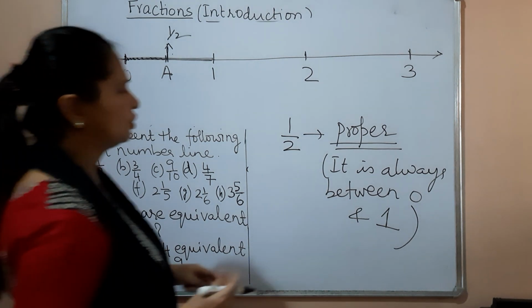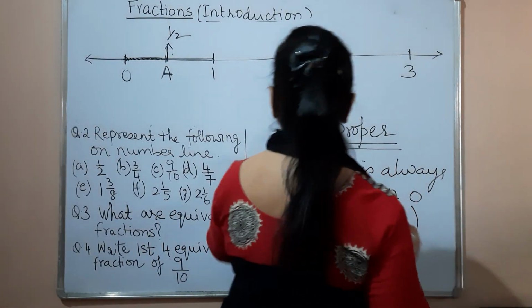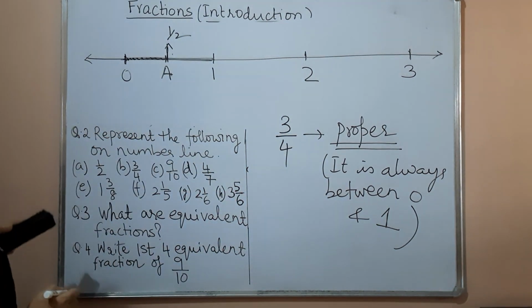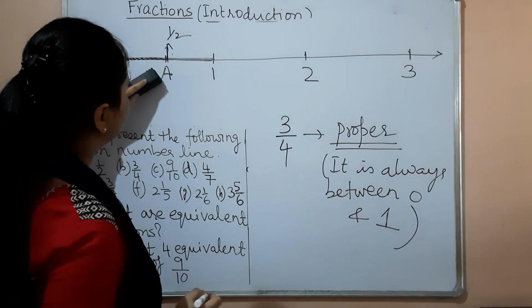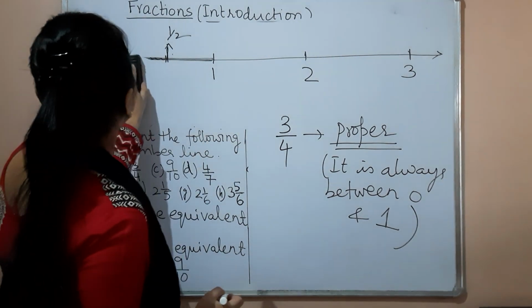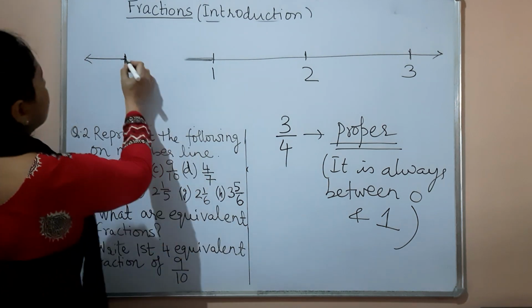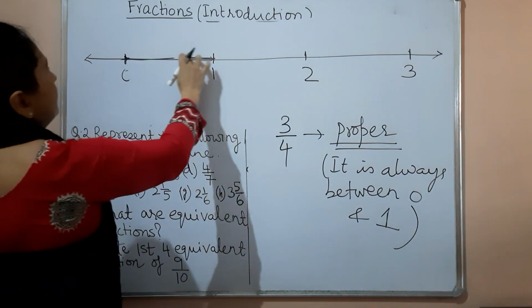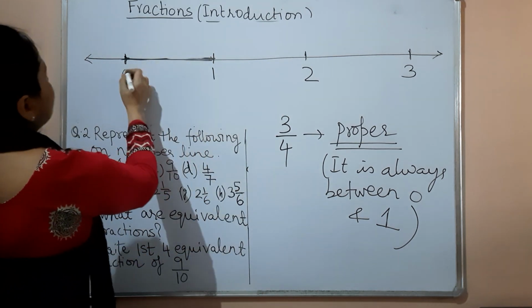Now let us do 3 by 4. Again 3 by 4 is a proper fraction, and we know that a proper fraction should be between 0 and 1. So this was half. Now I am rubbing this out, and I will be using the same number line. Say this is 0, between 0 and 1.